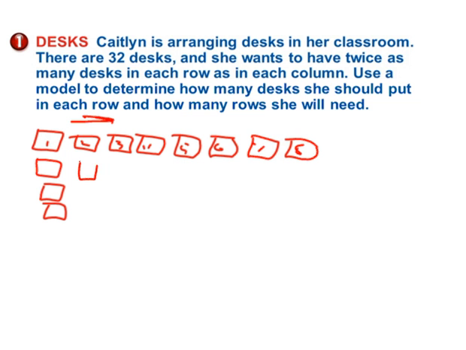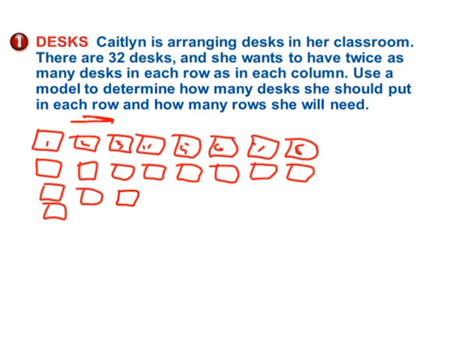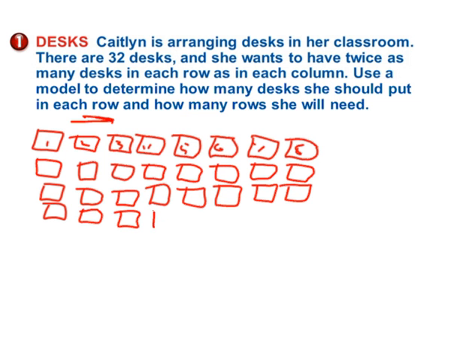And of course, if I fill all these in for each and every one of the rows and columns, the trick will be at the end: are there 32 desks as she needs in her room?